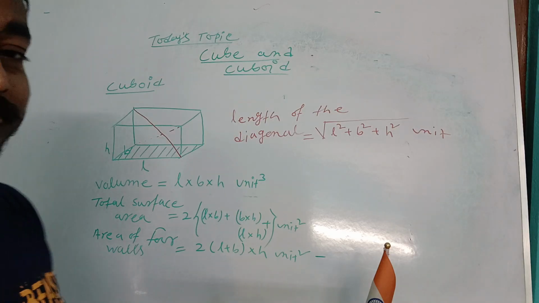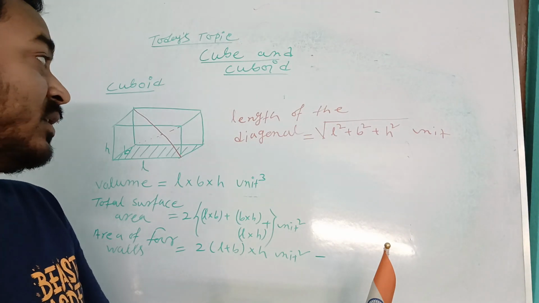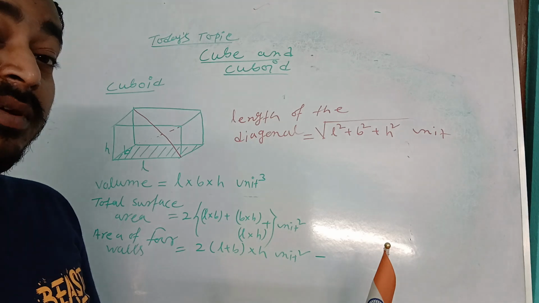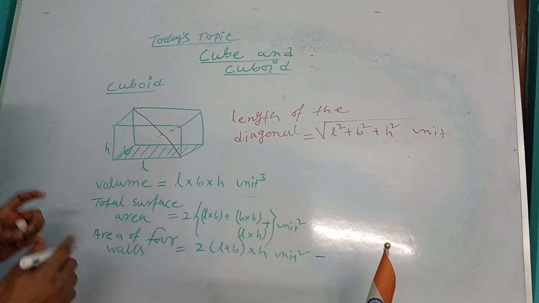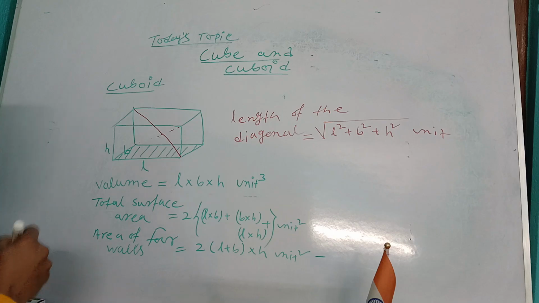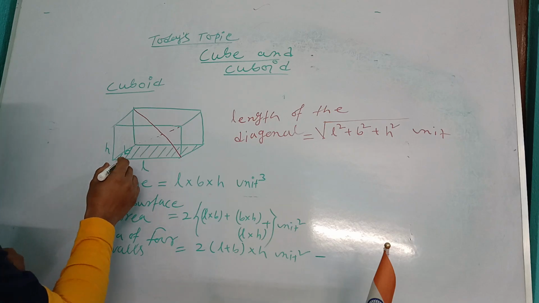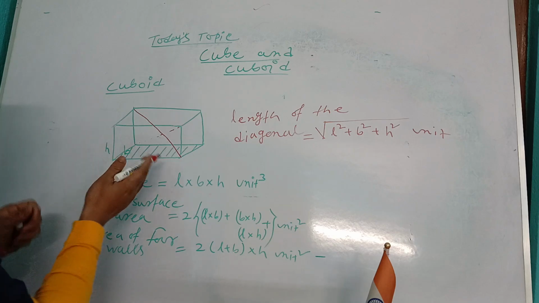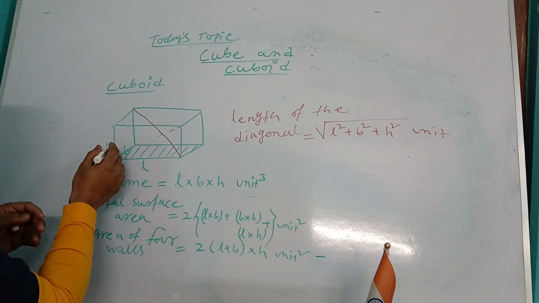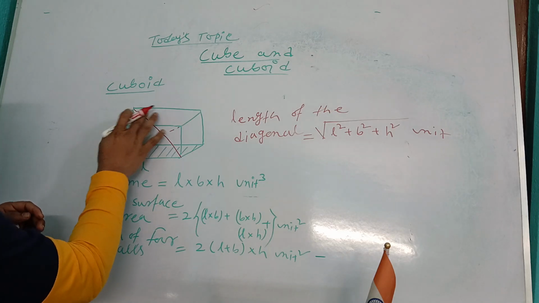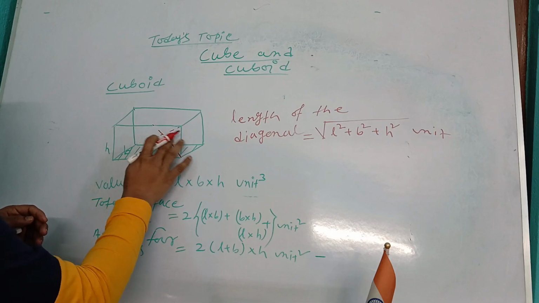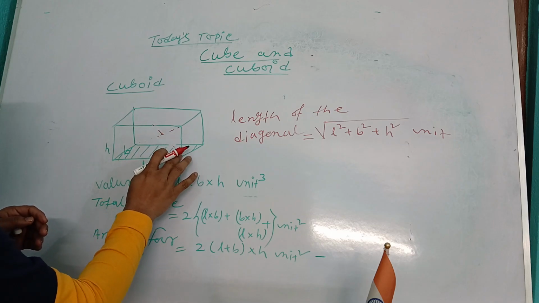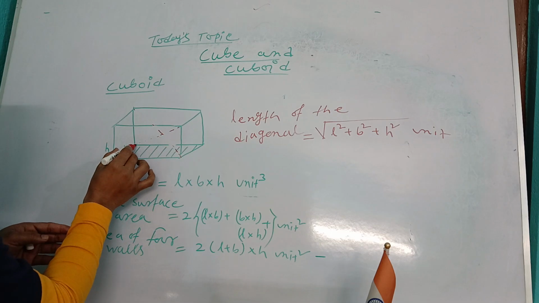So prove it. Length of diagonal equals under root L square plus B square plus H square. Achha, okay, no problem. So see, first you tell me what is the diagonal of a surface, this surface. Okay, don't make it complicated, just simple, just tell me. What is the diagonal of these?